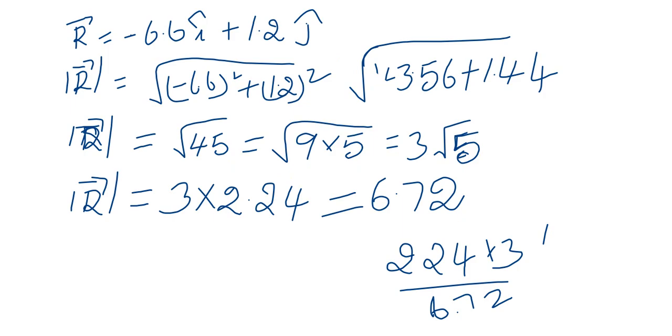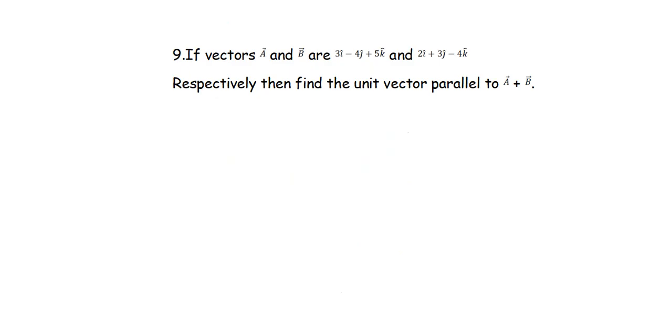Another problem is, if vectors A bar and B bar are given, then find the unit vector parallel to A bar plus B bar. So two vectors A bar and B bar are given. We have to add them and find the unit vector. So first let's add.